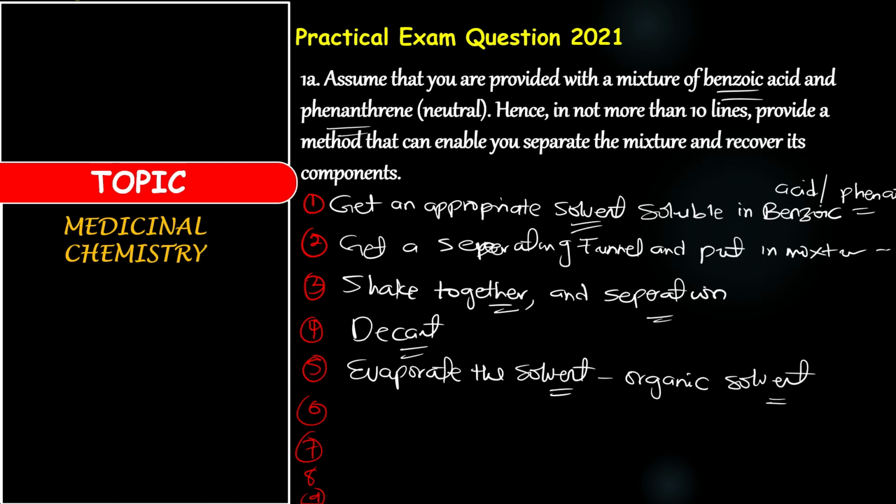Now, after evaporating the organic solvent, you are now going to get the benzoic acid only, and then the phenanthrene. Now, these ones you can actually precipitate them. Precipitate benzoic acid and phenanthrene using ice.